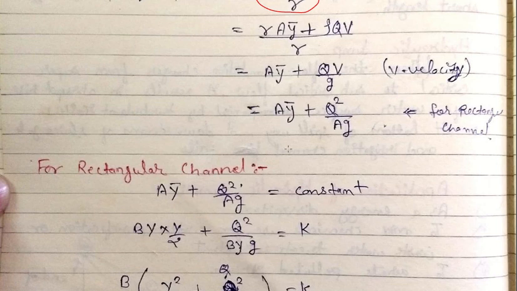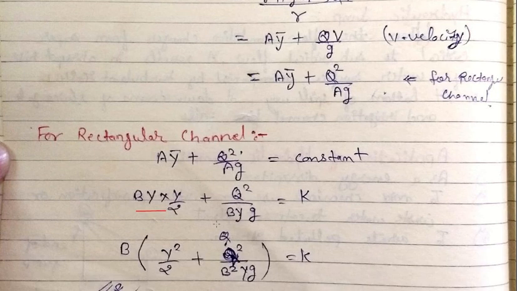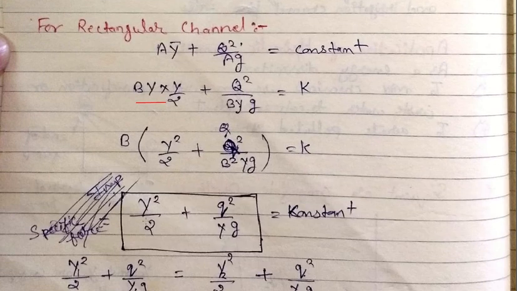The area is b y and y bar is y by 2, plus Q square divided by A g equals K, a constant. Removing b, we get y square by 2 plus Q square by b square y g. Discharge divided by b is termed small q, the discharge per unit width. So y square by 2 plus q square by y g equals constant.